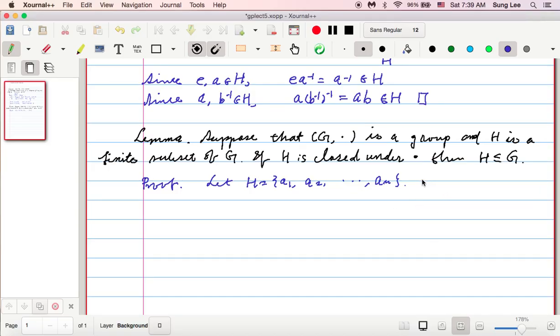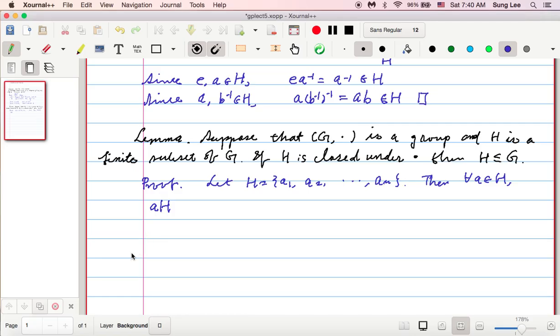Then for any A in H, so A times the subset H. So what does that mean? Actually, this is something you're going to see a lot later on. This notation, we not only consider this, we are also going to consider H times A.